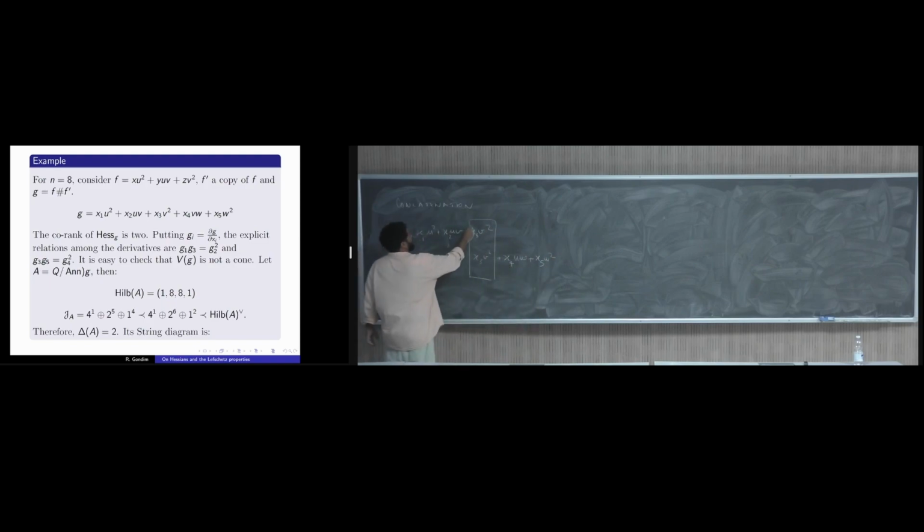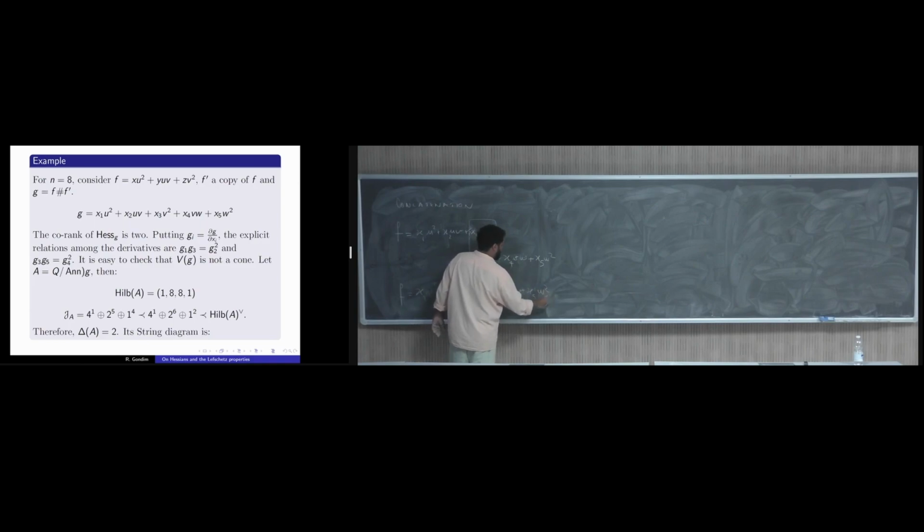And I put a half here, half here, and sum these to obtain this: x1 u squared, x2 uv, x3 v squared, x4 vw, x5 w squared.